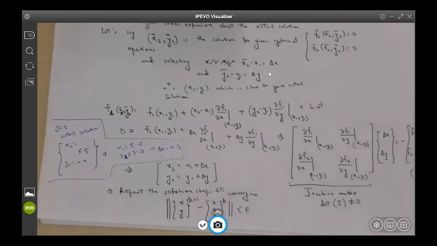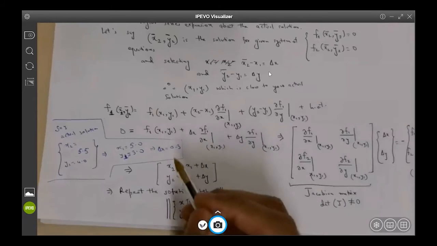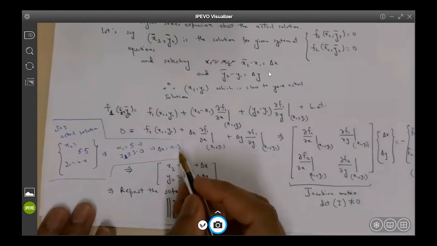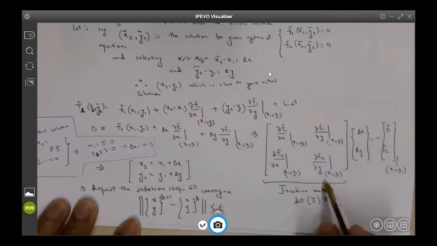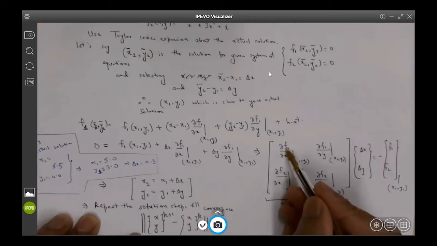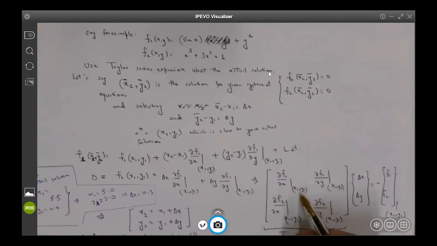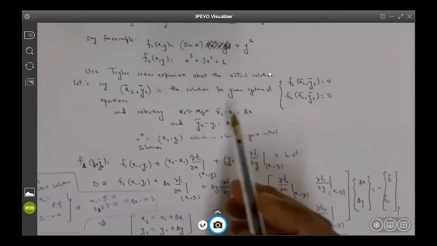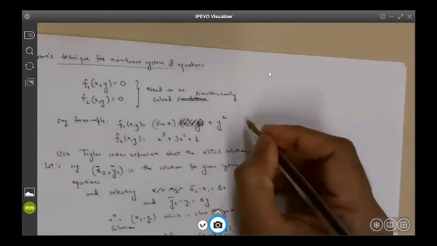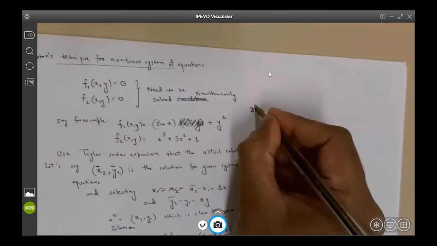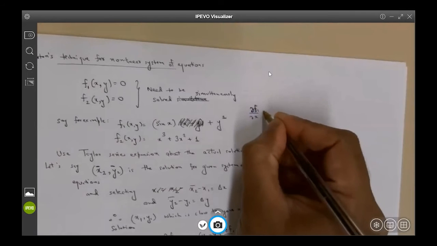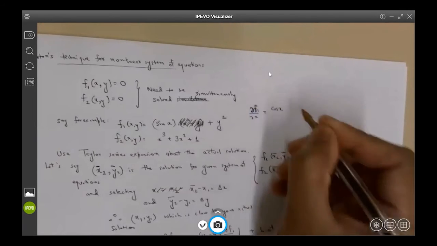Professor, I have a question. Yes, go ahead. How did you get delta x equals 0.03? So I have solved using this matrix equation. Here, this Jacobian matrix is what? It is basically the derivative of f1 with respect to x, evaluated at x1, y1. So what is the derivative of f1 with respect to x? It will be cosine of x, right?